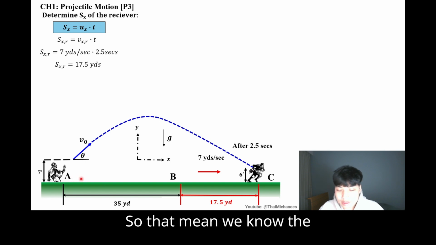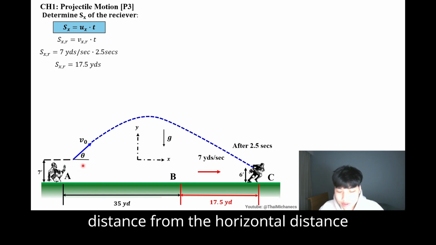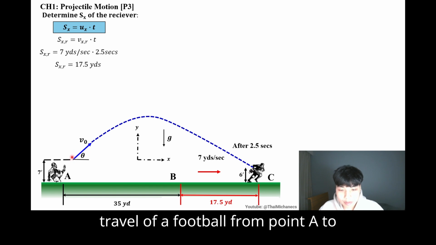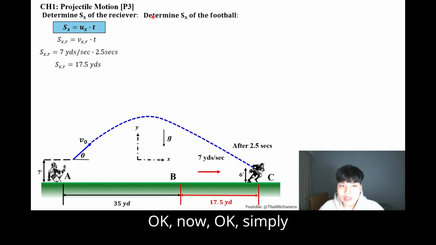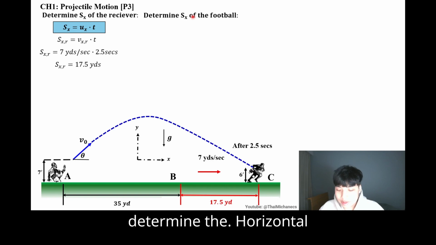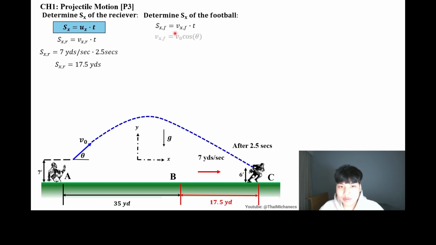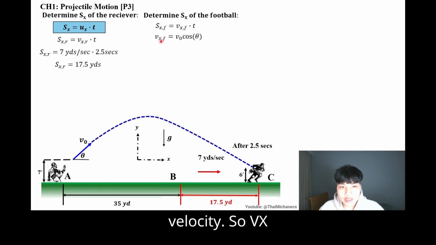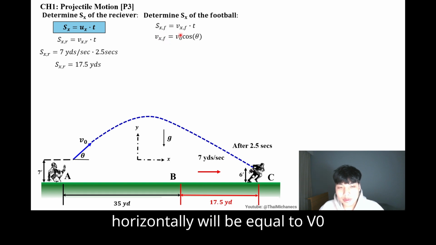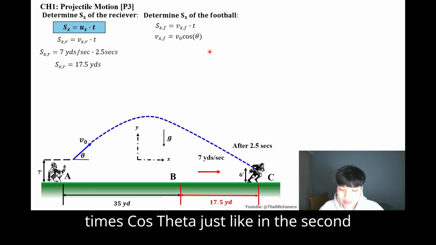So that means we know the horizontal distance traveled by the football from point A to point C, which is these two combined. We know that the horizontal distance is 35 plus 17.5, but we have to distribute the initial velocity of the football. Vx, the horizontal velocity, will be equal to V0 times cos theta, just like in the second question.